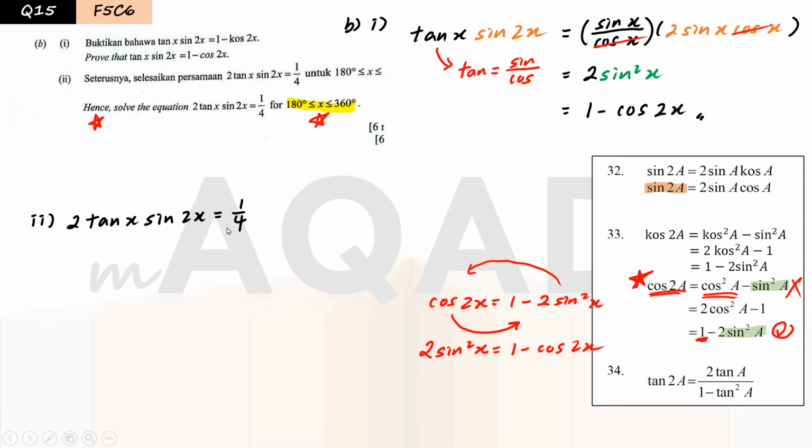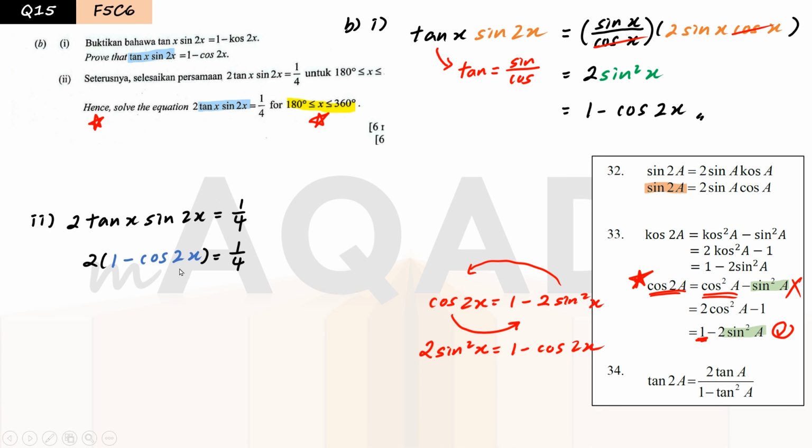It's a bit complex, but if you look closely at the left side of the equation here, this is the thing that we have proven in part 1 just now, right? Tan x sine 2x is actually the thing that we have proven just now, and we have proven that it is actually 1 minus cos 2x. Since it says hence, we can use the result here, meaning we can change tan x sine 2x to become 1 minus cos 2x.